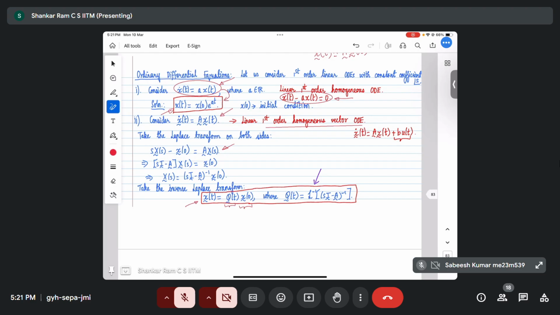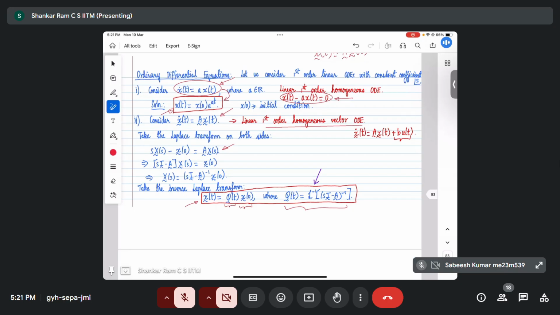Phi of t comes out to be the Laplace inverse of sI minus A inverse. At first glance, this looks a little complicated, but we are going to deconstruct it and make it very simple. We will shortly see that this is what is called a matrix exponential.